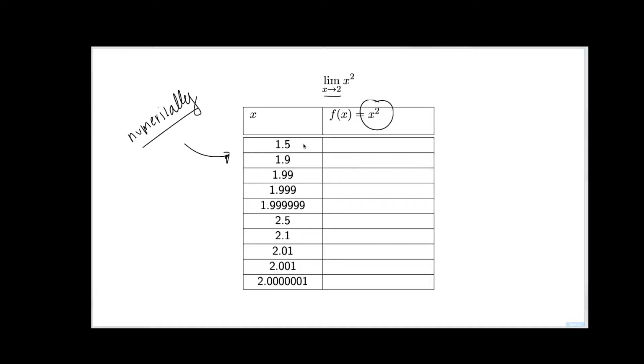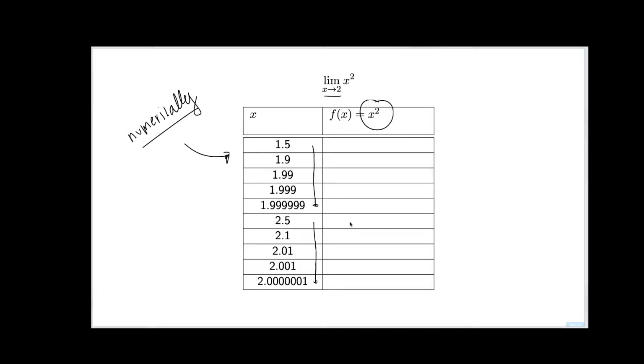I've put in x values that are getting closer and closer to 2, and notice that I'm putting in values that are both less than 2 and slightly greater than 2. Again, I'm not interested yet in what happens when x equals 2. I just want to say what happens to the value of x squared as x gets closer to 2.